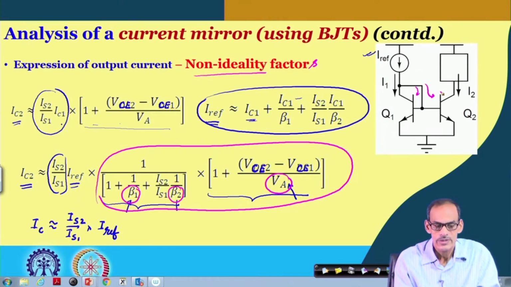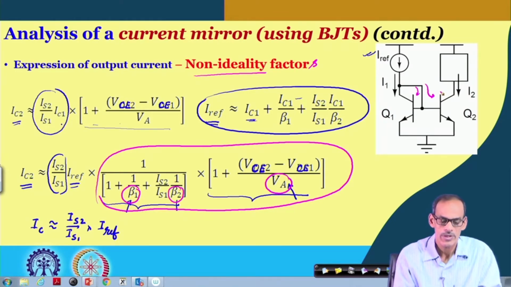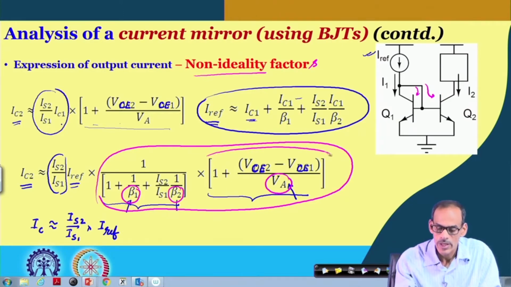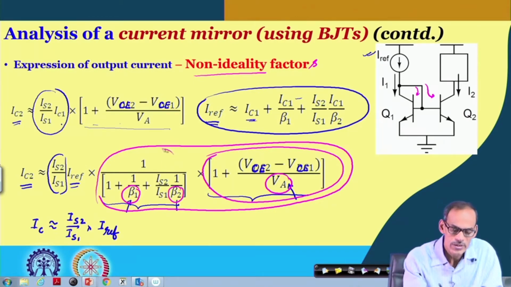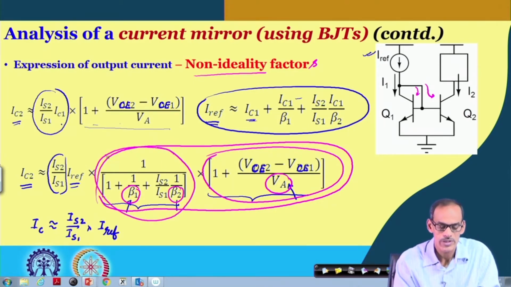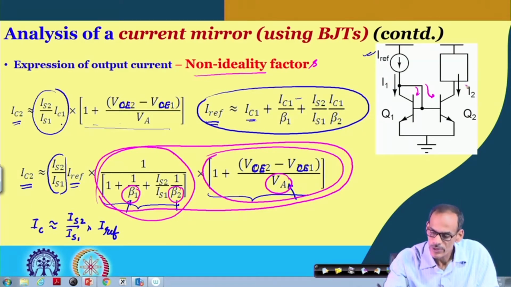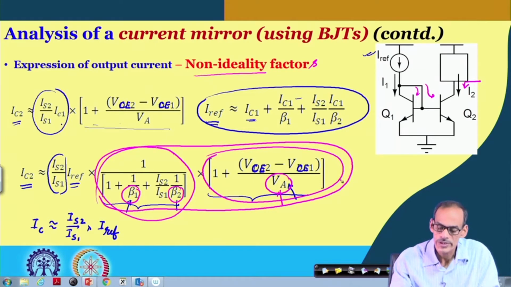Now, similar to the previous current mirror, we can also write this dependency part in terms of output resistance, and this part is the loss due to beta. So, in the next slide we can say that if we get higher output resistance or a higher value of this early voltage, then this factor will improve, or go towards 1.